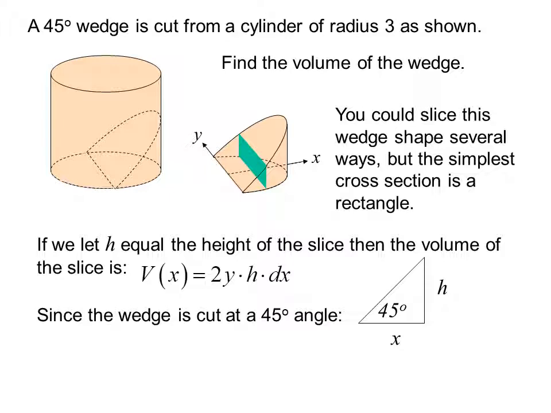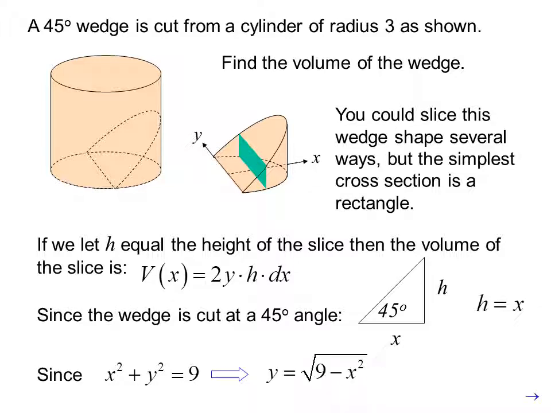Since the wedge is conveniently cut at a 45-degree angle, h equals x. And since the base is a circle, we can use the equation of a circle to relate x and y. So y equals the square root of 9 minus x squared.